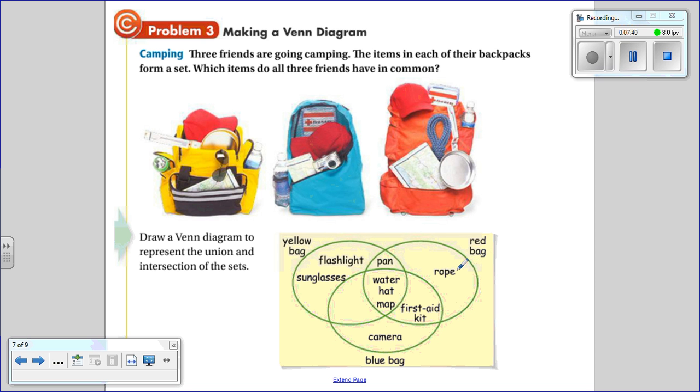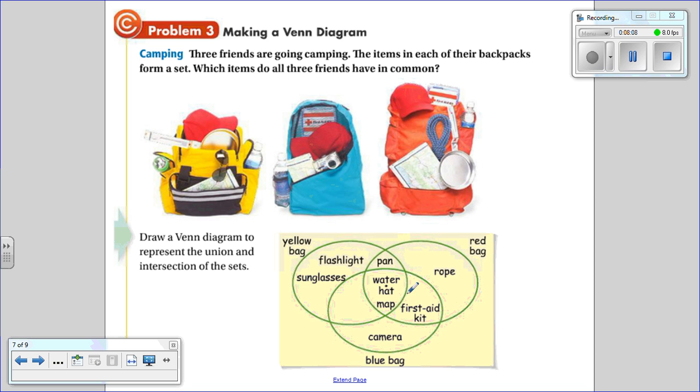The red bag has rope, first aid kit, pan, water, hat, and map. You notice the pan. The pan is in which bag or bags? The pan is in both the red bag and the yellow bag. So each has a pan. Notice it's not part of the blue bag, but water, hat, and the map are part of them.